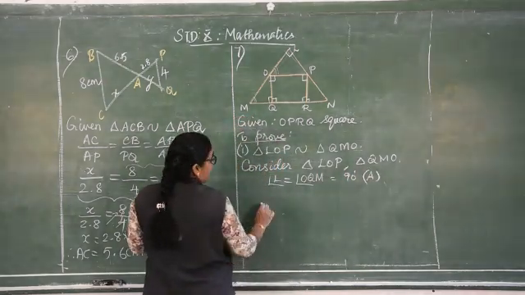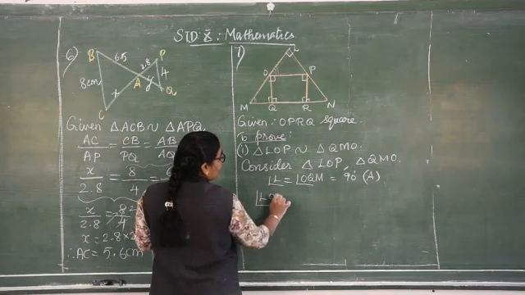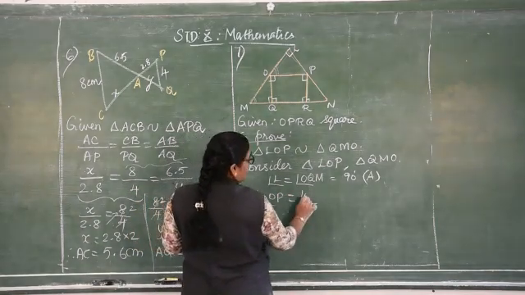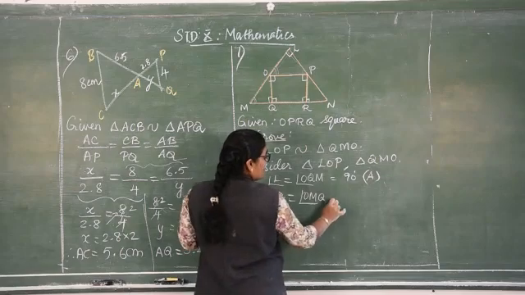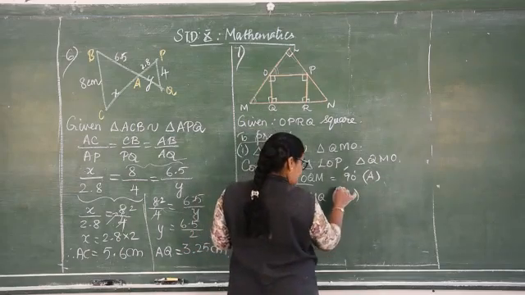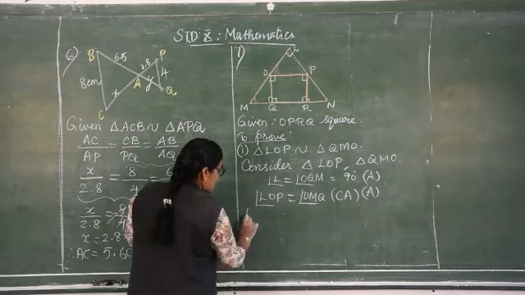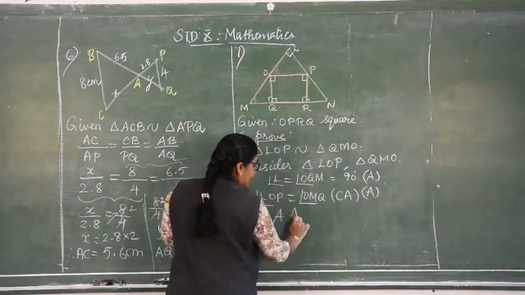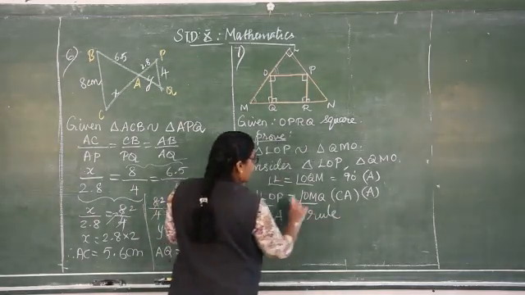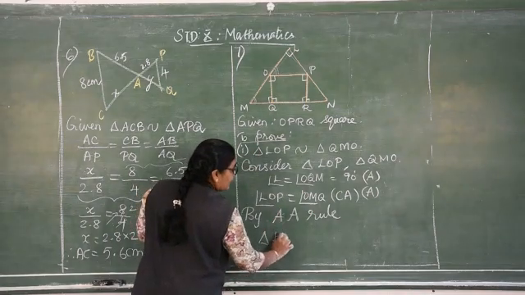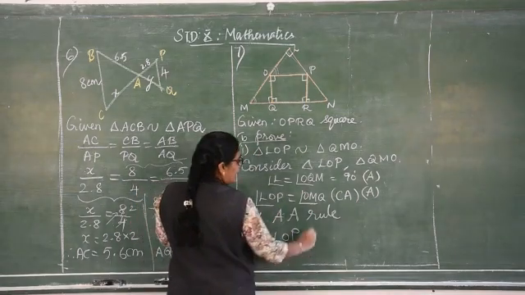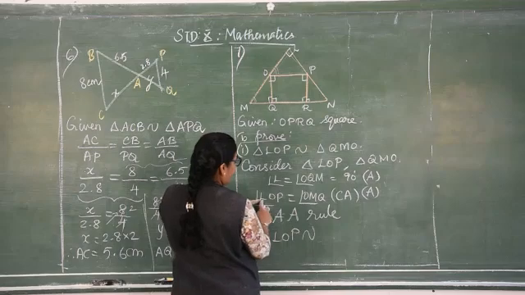And we can write measure of angle LOP is equal to measure of angle OMQ. These are corresponding angles, equal, so by angle. So with these two conditions, by angle rule, we can say triangle LOP is similar to triangle QMO.